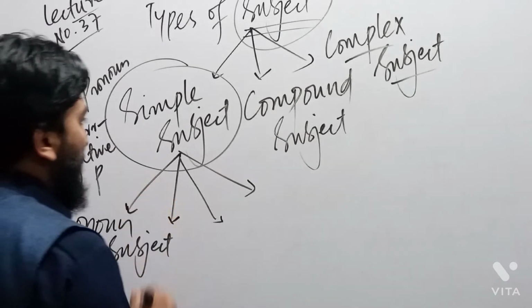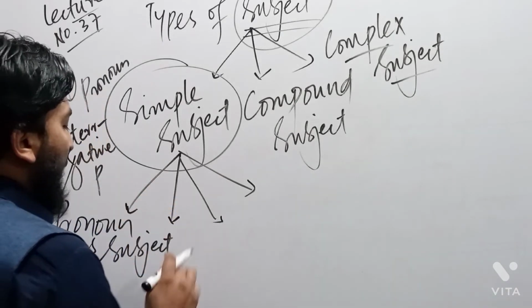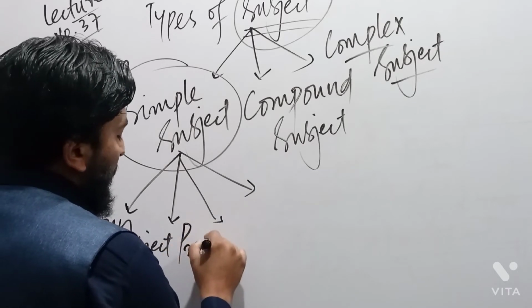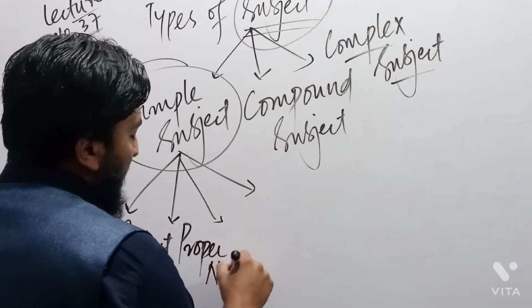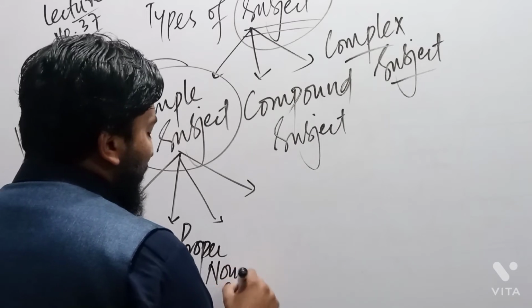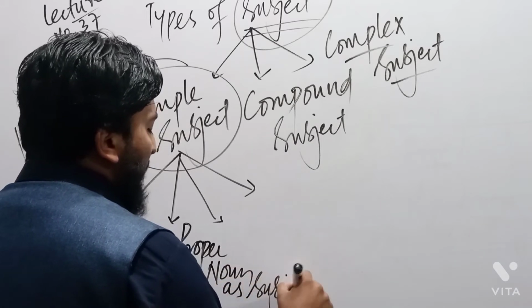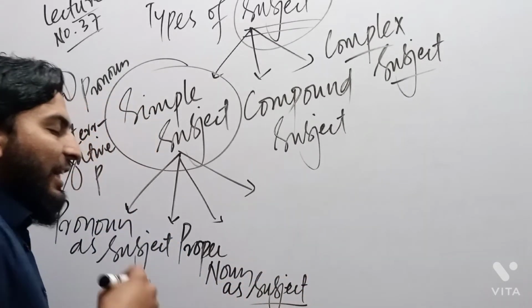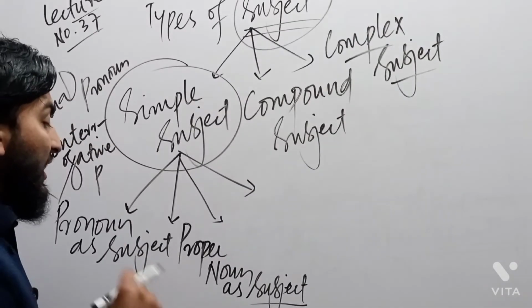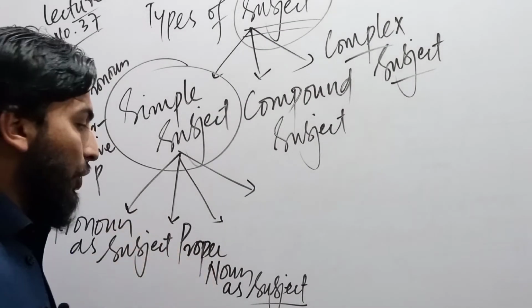When I discuss simple subject, the second type is proper noun as subject. So in order to understand the types of simple subject, we surely understand that these are like the functions of a subject.